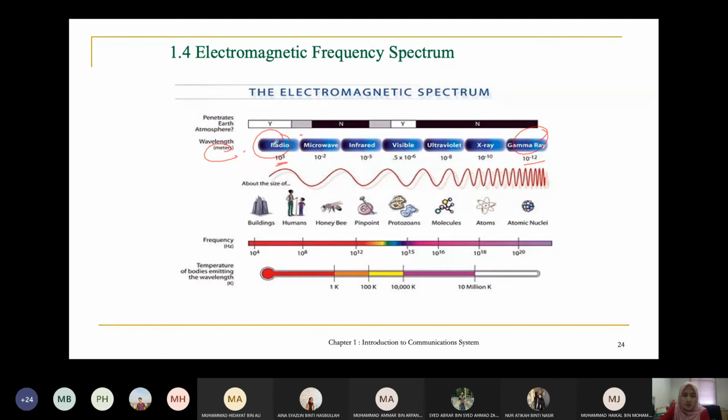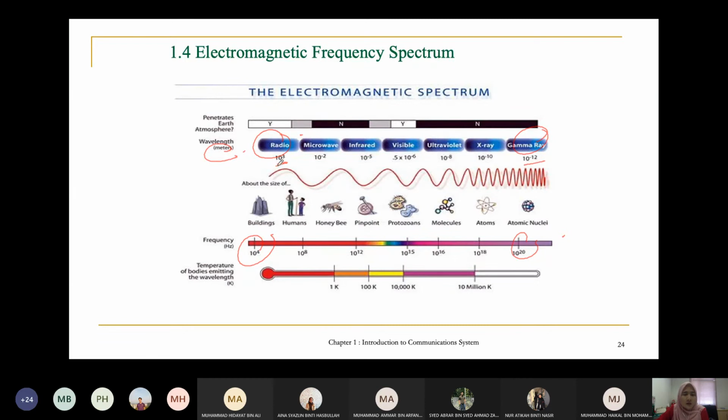So the wavelength of radio is wider compared to gamma ray, and the frequency of radio is smaller than the frequency of gamma ray. This is low frequency, this is high frequency.